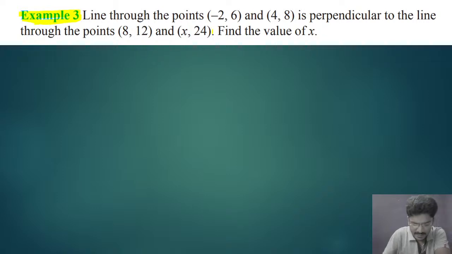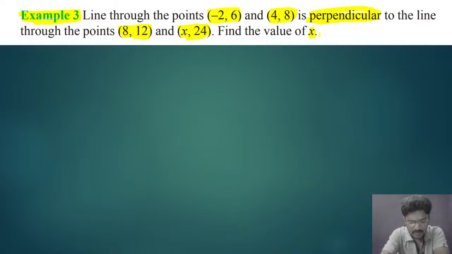See this example 3: the line passing through the points (-2, 6) and (4, 8) is perpendicular to the line through the points (8, 12) and (x, 24). Find the value of x.